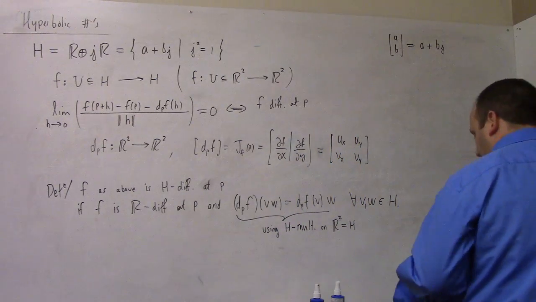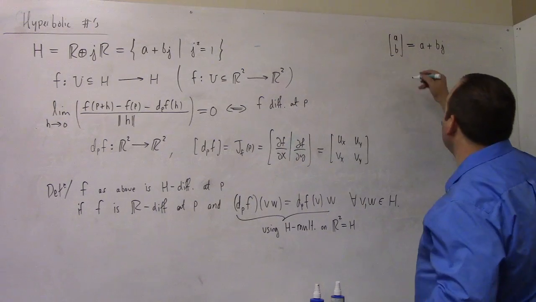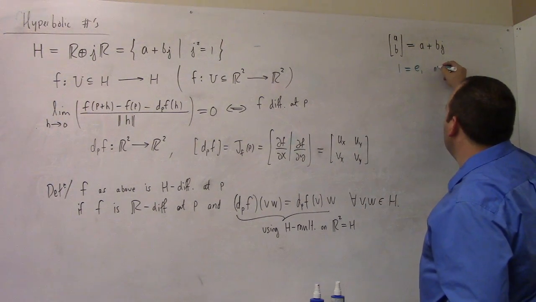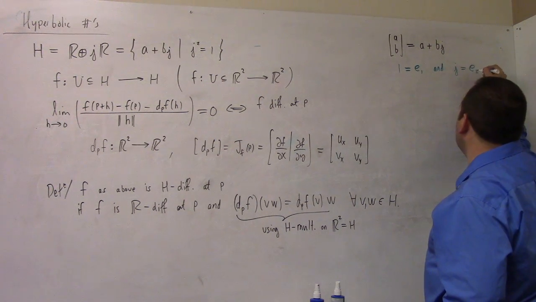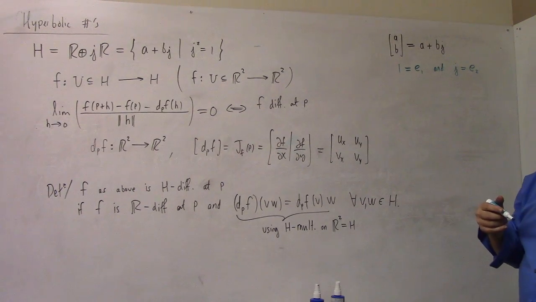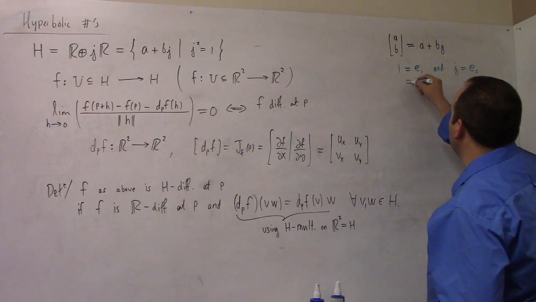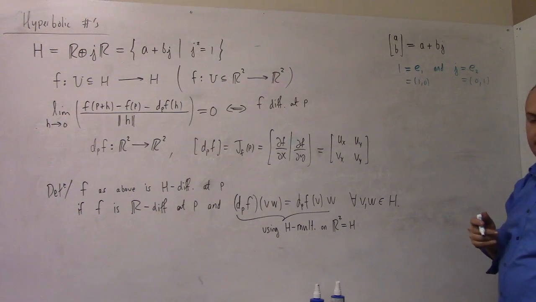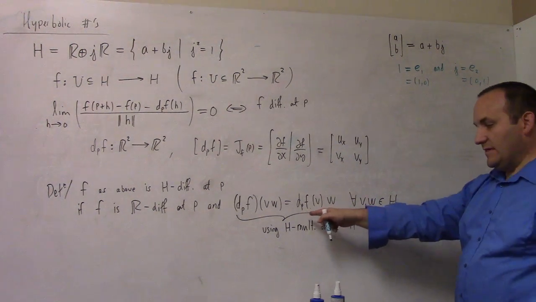Here we trade a hyperbolic number for a two-dimensional vector. To be explicit, the correspondence is 1 is equal to e1, and j is equal to e2, where e1 and e2 are the standard basis vectors, (1, 0) and (0, 1). Okay, so this is a linear transformation.